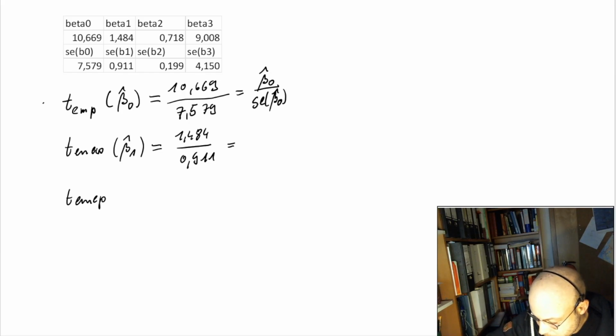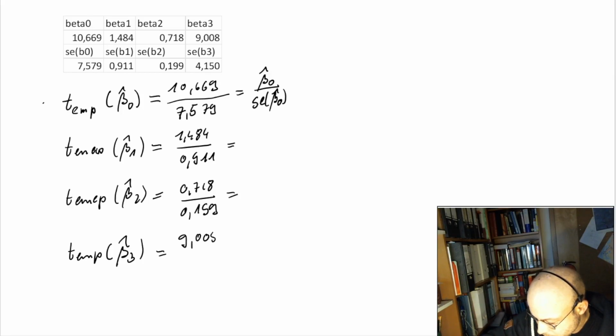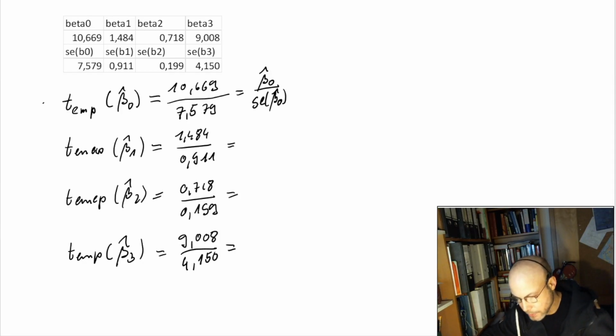T amp of beta hat 2 is 0.781 over 199, and in the end T amp of beta hat 3 is 9008 over 4150.